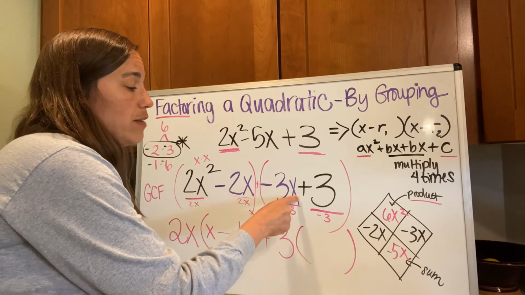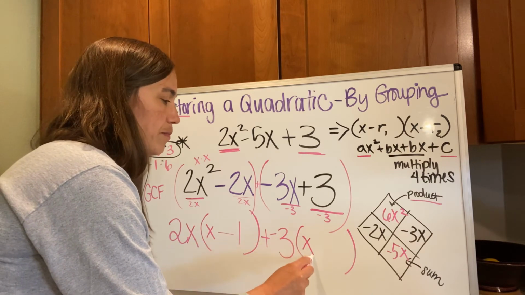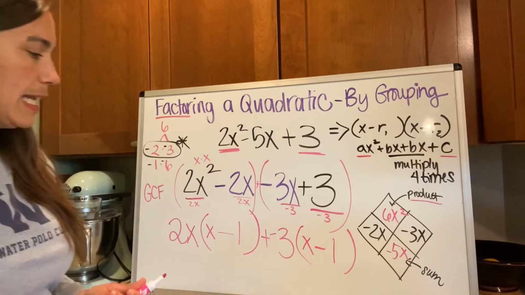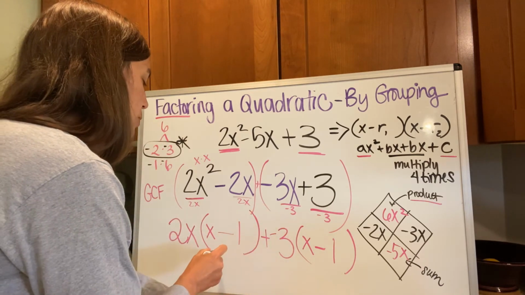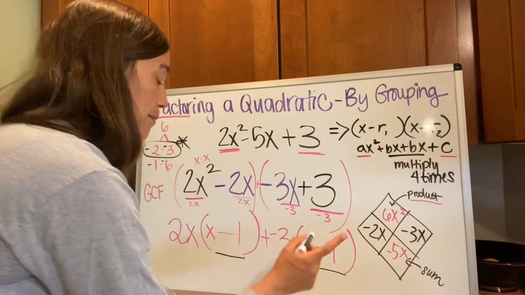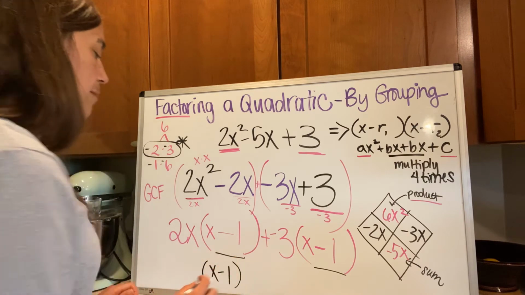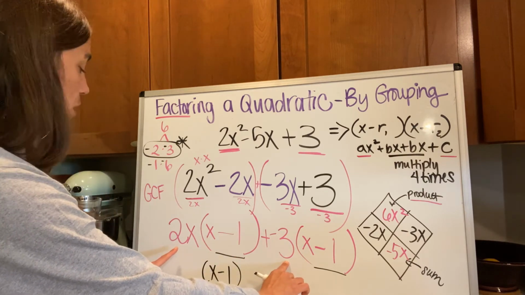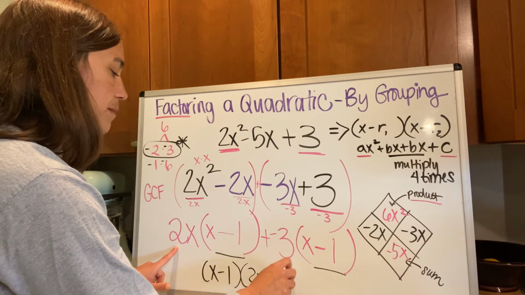If I do negative 3x divided by negative 3, I would get 1x. And then 3 divided by negative 3 is negative 1. Now, as I take a step back and look, I see that both of these parentheses, x minus 1, are the same. So I know that's going to be one of my factors. And then my other factor is going to be what's left over, what my greatest common factors were. So that's going to be 2x minus 3.